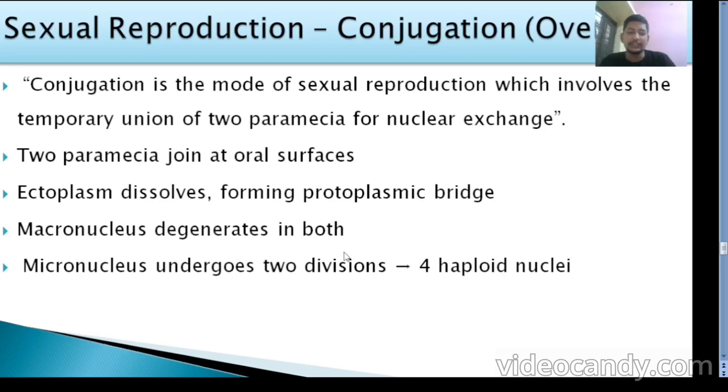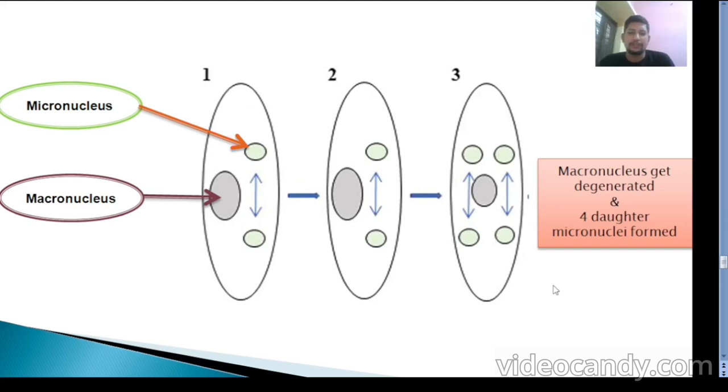So you can see that two structures will disappear: the ectoplasm and the macronucleus. Now you can ask me, sir, does the ectoplasm completely disappear? No, only at the point of contact it will disappear. And the micronucleus undergoes two divisions and forms four haploid nuclei. I hope you got the point.